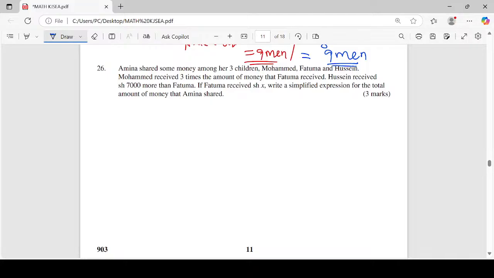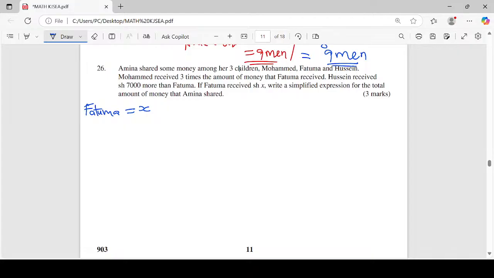If Fatuma received X, write a simplified expression for the total amount of money that Amina shared. So we have some distribution here. Fatuma received X. Then we start from the top.